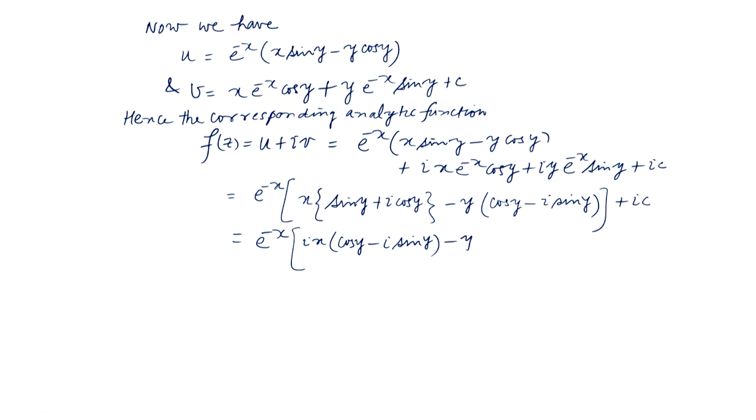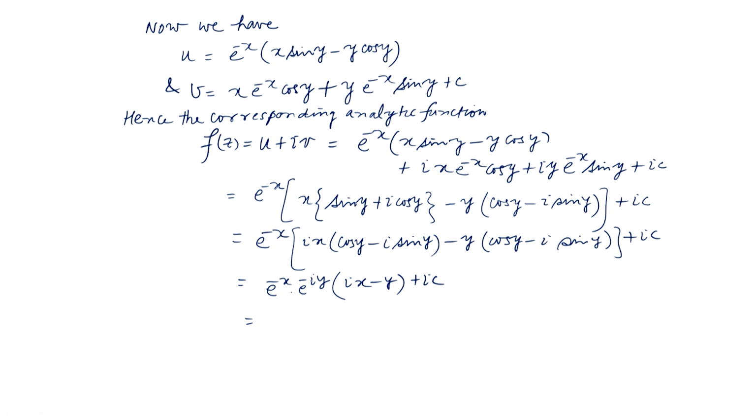So minus y (cos y minus i sin y). What do we get? So this will be e to the power minus iy. So e to the power minus x into e to the power minus iy we get, and what we have here, i x minus y plus i c.